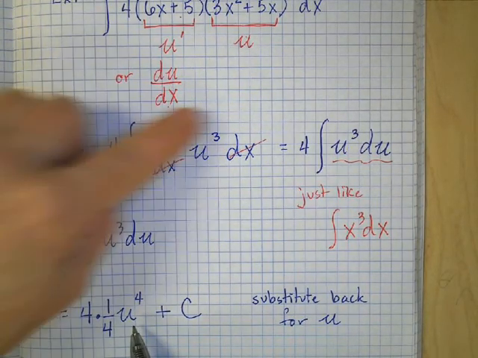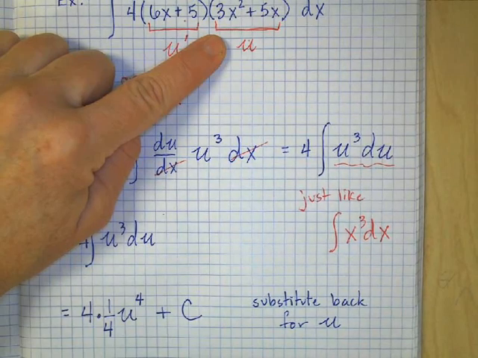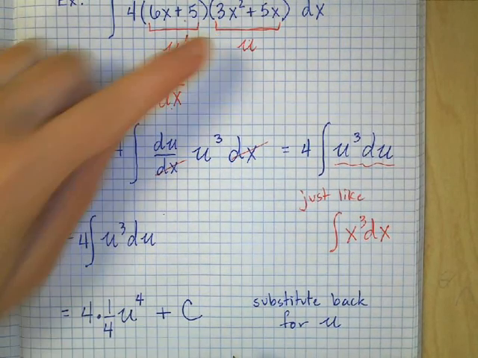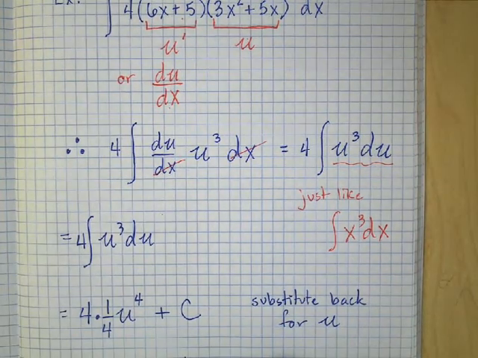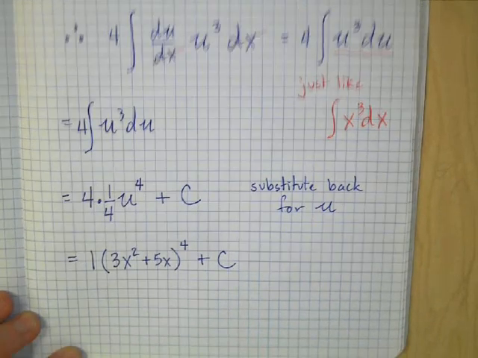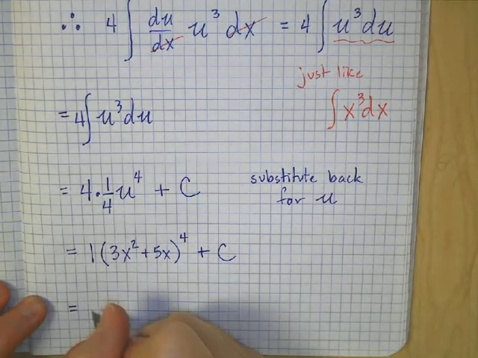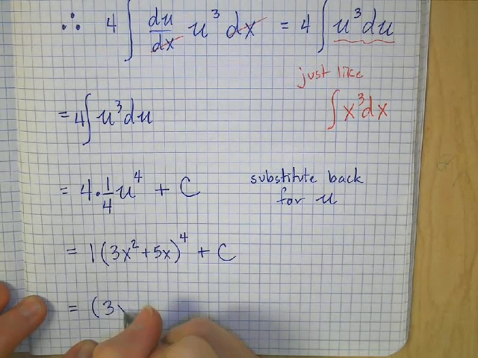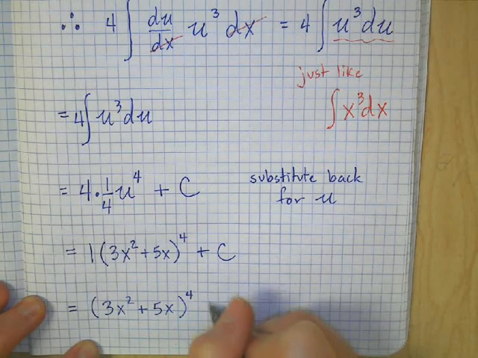My u was 3x squared plus 5x. And that is to the 4th power plus the constant of integration. Okay, and I don't actually need the 1. Whoops, where am I? Sorry about that. Got off the bottom. I don't need to write the 1. So it would just be 3x squared plus 5x to the power of 4 plus c.